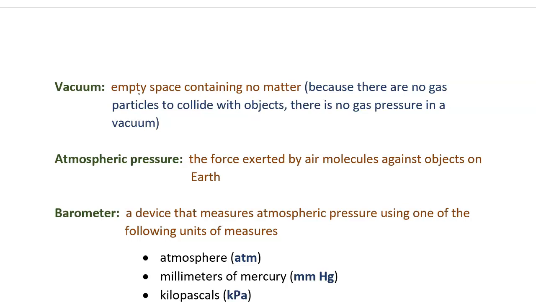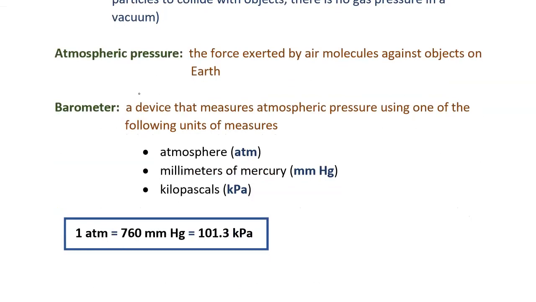A barometer is a device that measures atmospheric pressure using one of the following units of measure. Atmospheres, atm. Millimeters of mercury, mm Hg. And kilopascals, kPa. All three of these units of measure are used to measure atmospheric pressure.